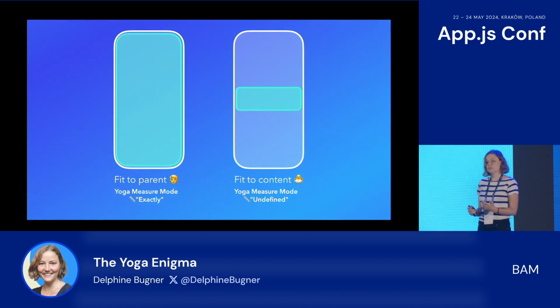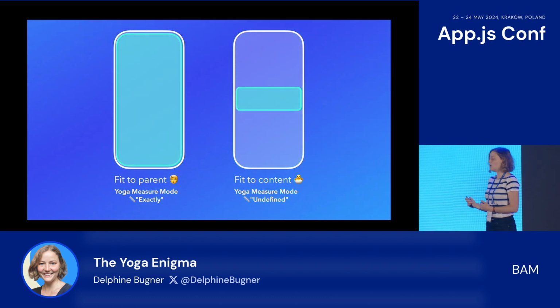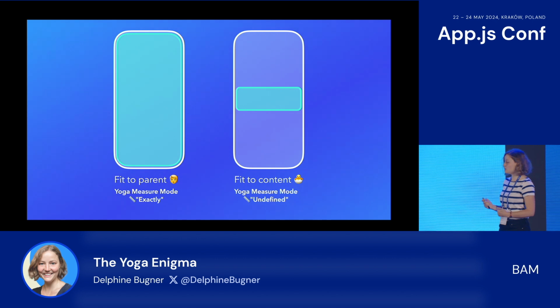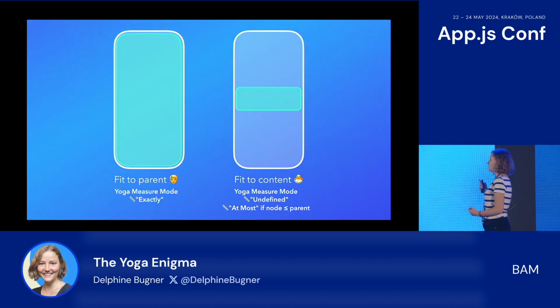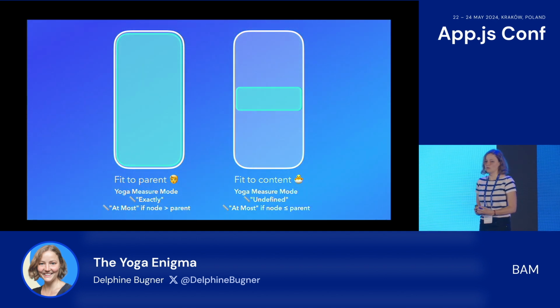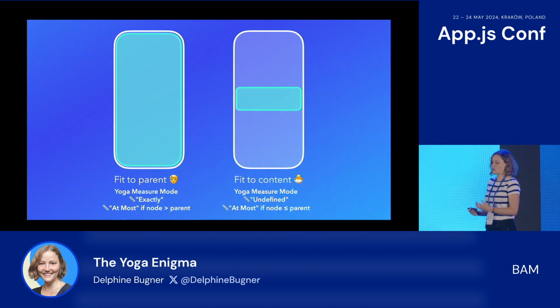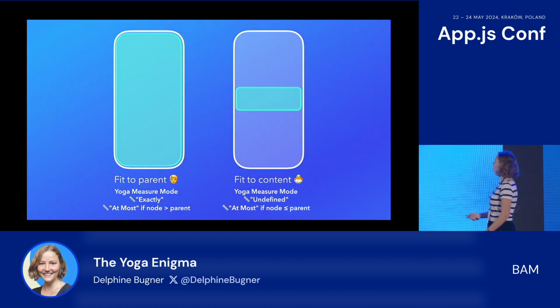There is a third measure mode called at most, where you also fit to what's inside you, as long as it's smaller than your parent. Then you start fitting to your parent, to not overflow it, because you're always constrained by your parents if you're not in a scroll view, for example.